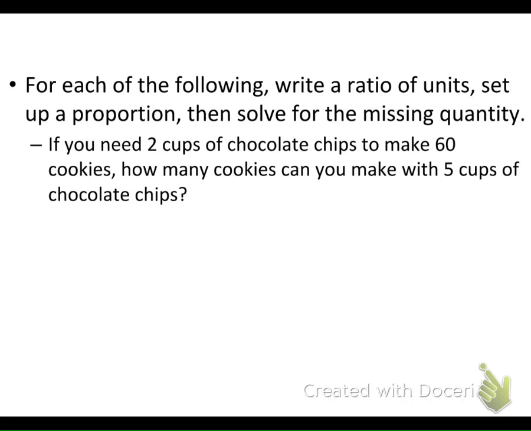Ratio of units, good. What's the ratio of units mean? A comparison. What two things are they comparing? Chocolate chips to cookies. So I'm just going to put chips over cookies.